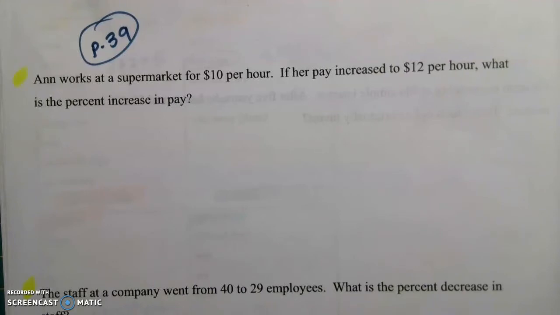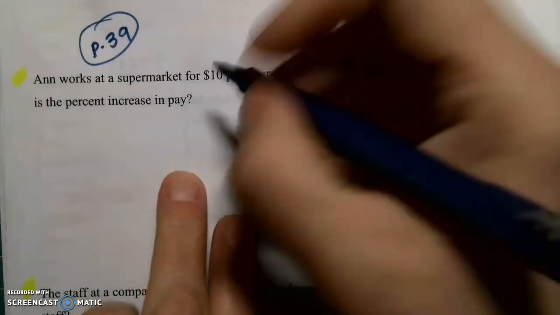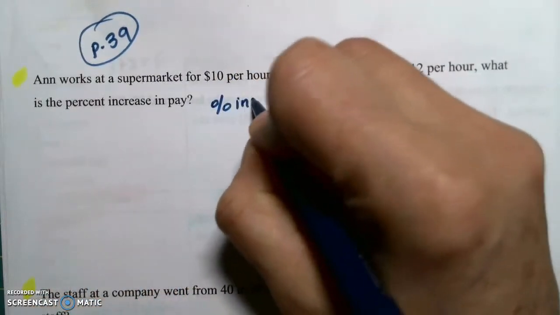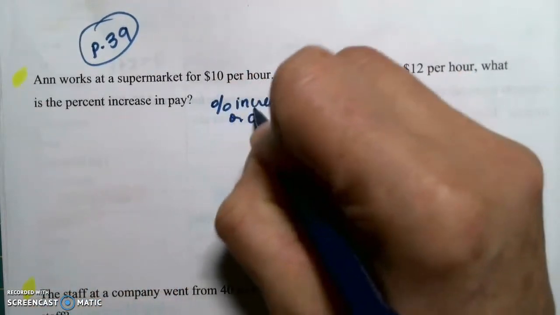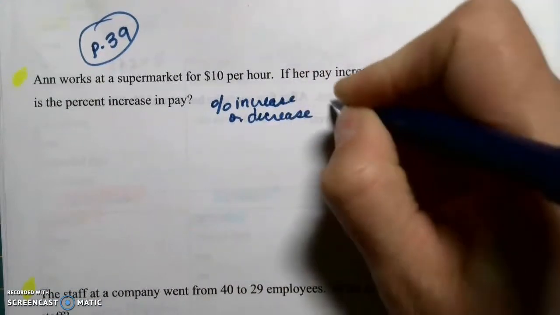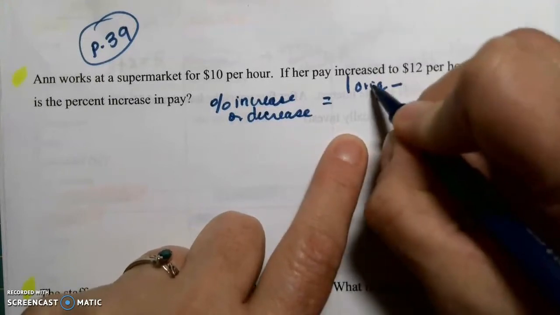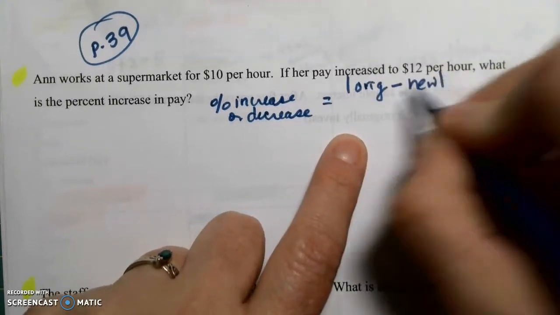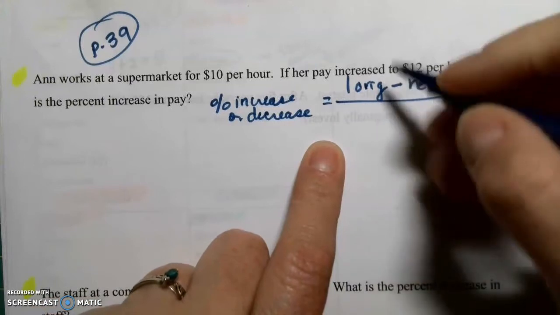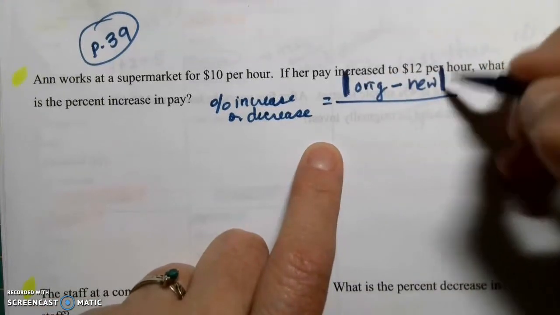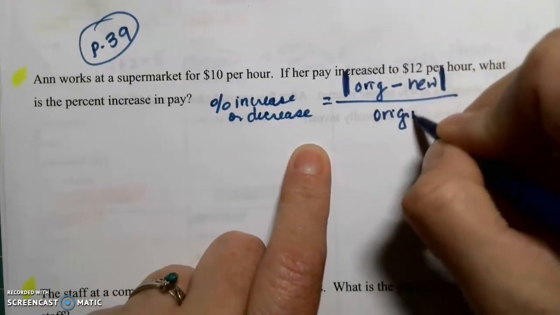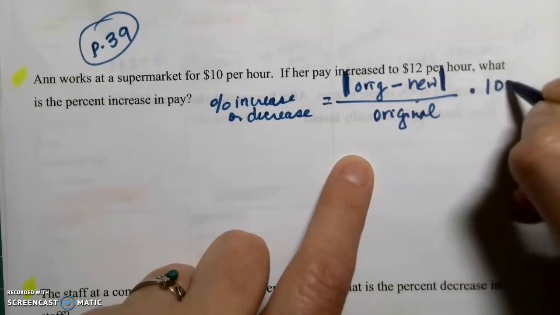Anne works at a supermarket for $10 per hour. If her pay increased to $12 per hour, what is the percent increase in pay? So this is a percent increase problem. And remember, the percent increase or decrease we can find by taking the original amount minus the new amount, take the absolute value of that, over the original, and multiply it by 100%.